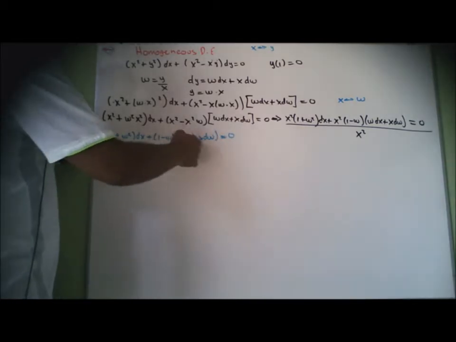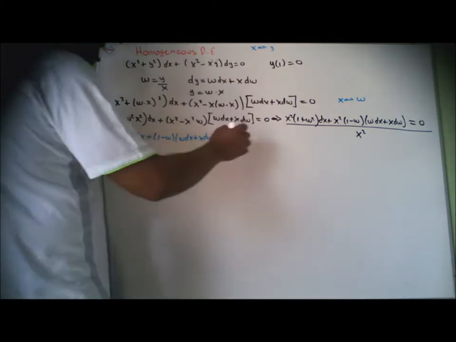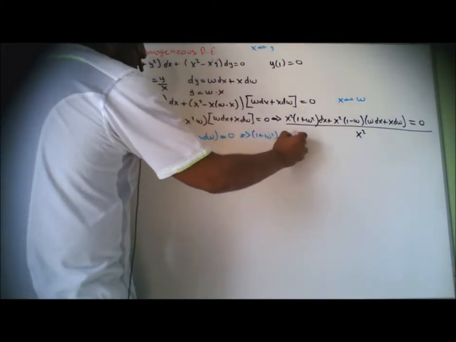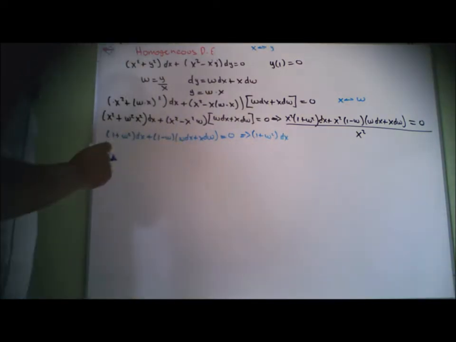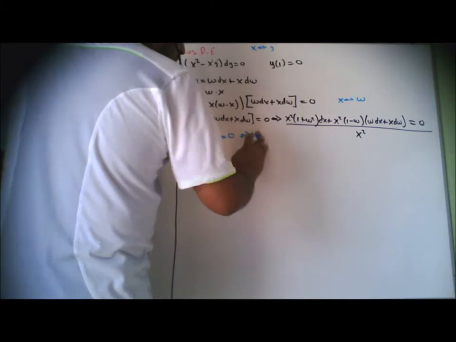Now let's do the multiplication on this part. This is the same, 1 plus w squared, differential of x. Let's do the multiplications, because I suspect that something is going to cancel.